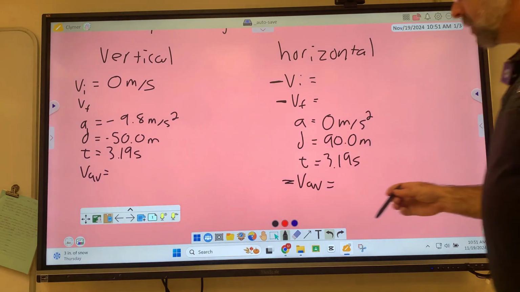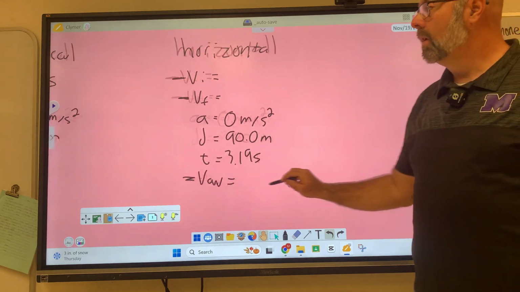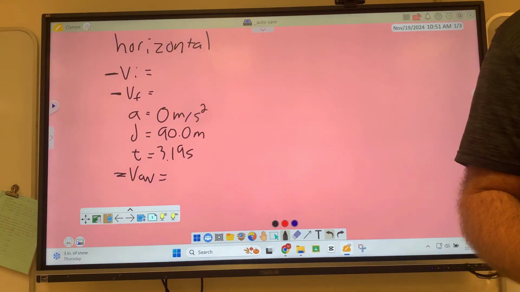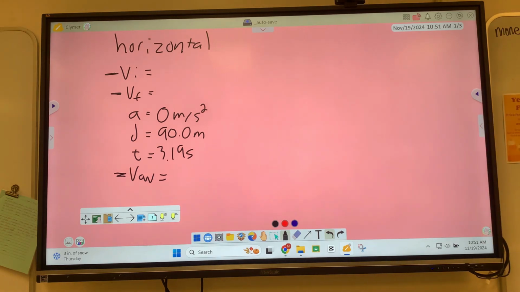So now we're going to go shopping again. Given that we know distance, time, and we're looking for velocity, what equation can we use? What kinematics equation can we use to solve for one of those 3 velocities? They're all the same. Yeah, average velocity.